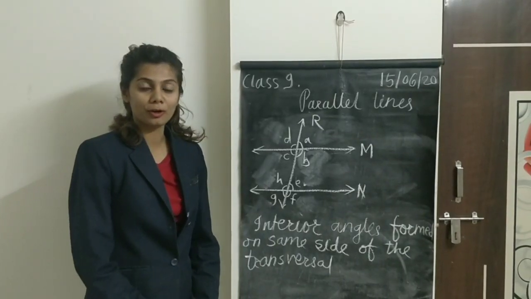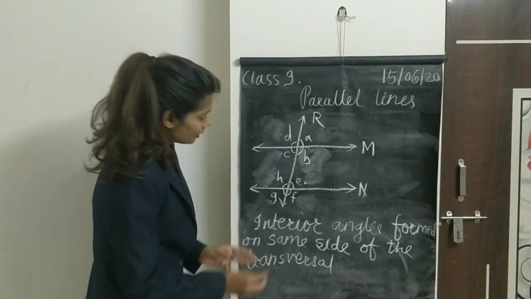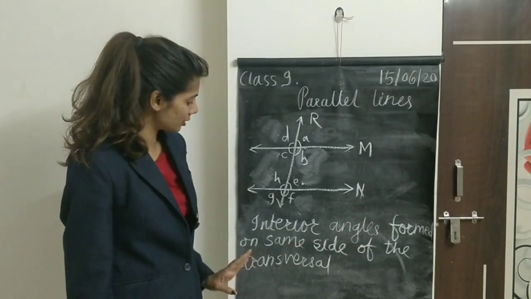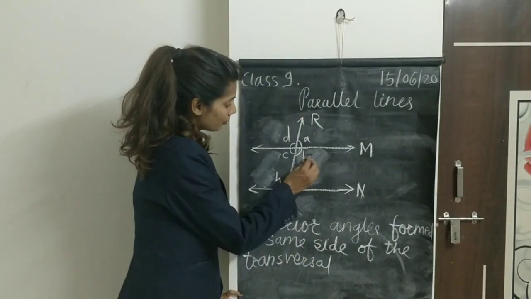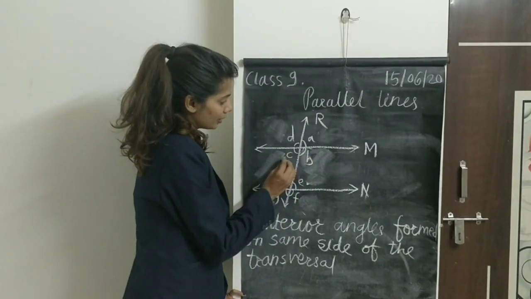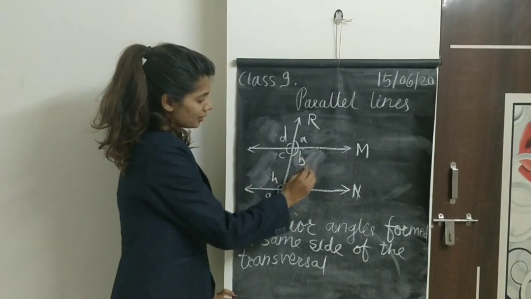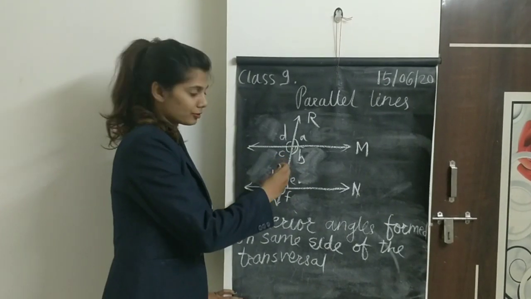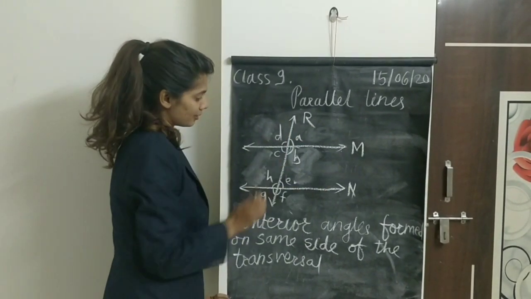Now we are going to talk about the second type, which is interior angles formed on the same side of the transversal. We are going to talk about only these four angles, B, C, E and H, but they are formed on the same side of the transversal. Same side means either left side or right side.